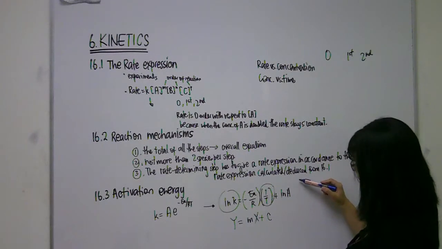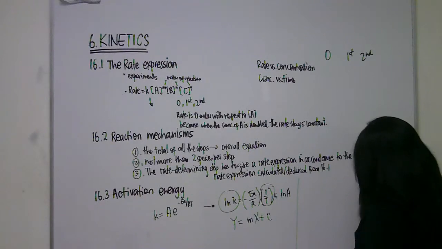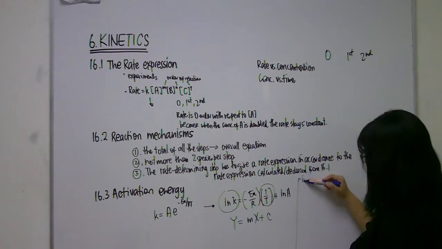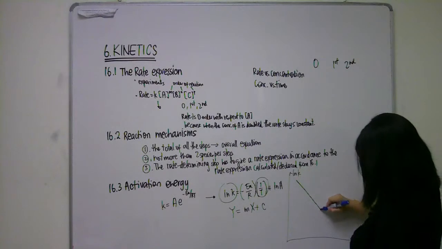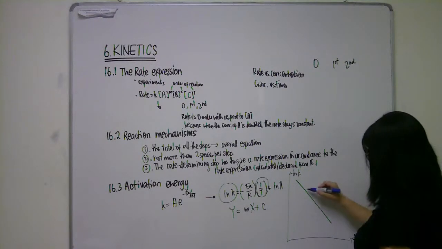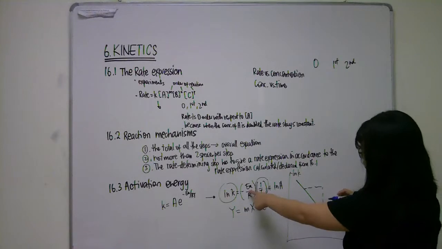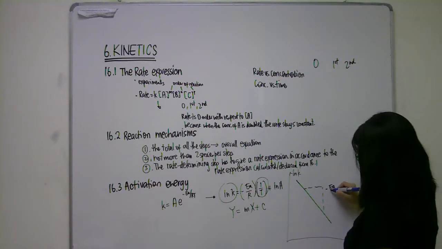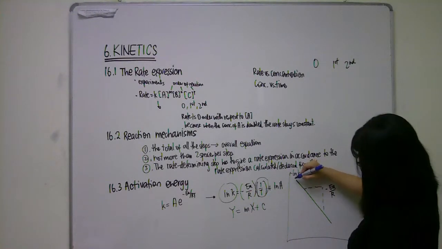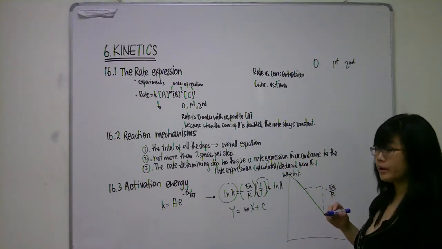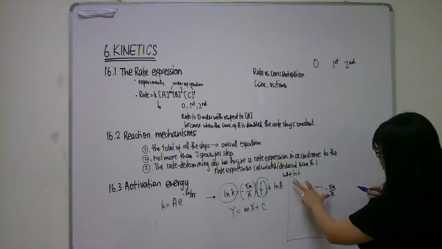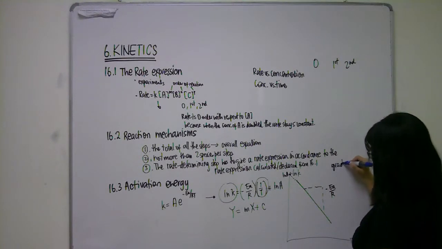So when you plot a graph of ln k and 1 over T, the gradient will be minus EA over R, and the y-intercept will be ln A. So from here, you can actually find the activation energy.